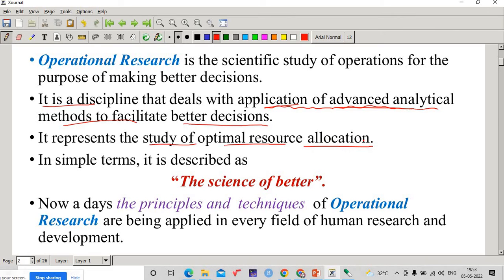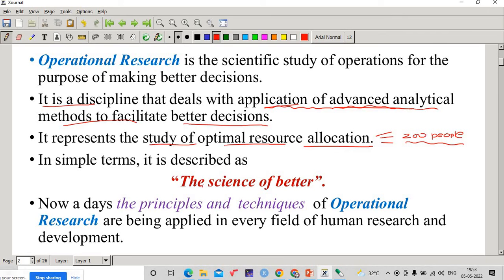Suppose I'm running a certain institute and I have 200 persons working in my organization. So optimal resource allocation of all the 200 people to the right departments must be there so that I can effectively and efficiently run my organization with maximum output and obviously profit. That study is done under operational research.